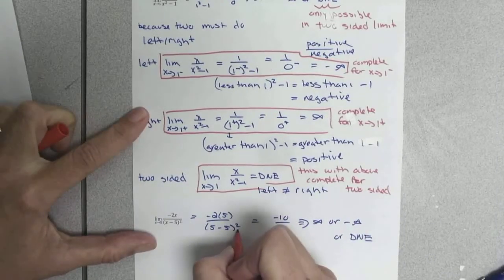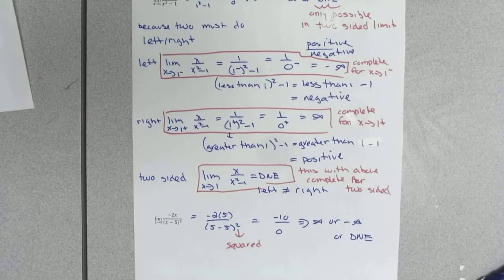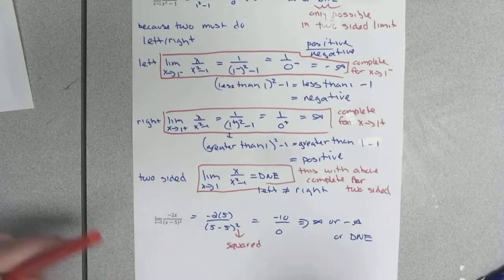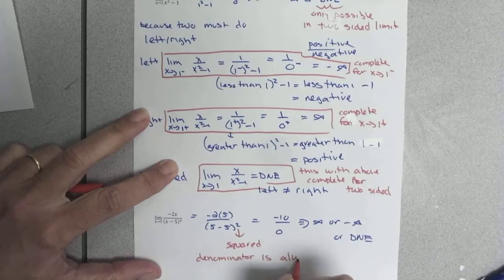Notice right here, it is squared. Well, whenever I square something, 1 squared is 1 and negative 1 squared is 1. When I square things, they're always positive. And so I can note on this one that because it's squared, the denominator is always positive.